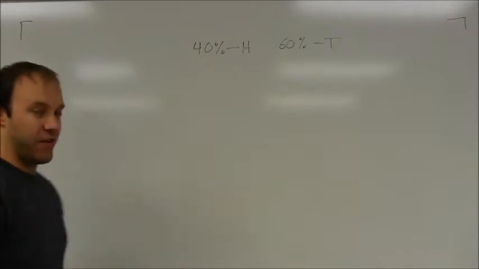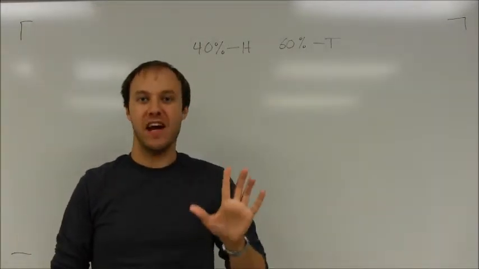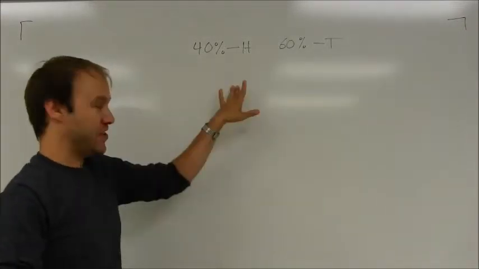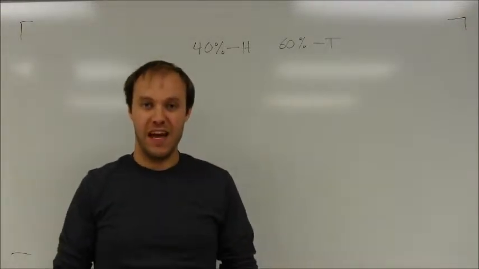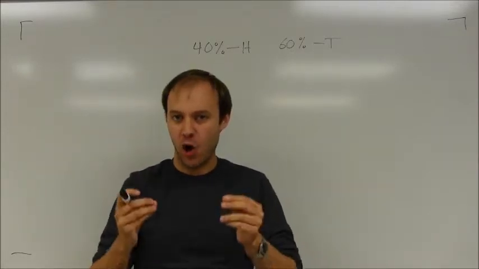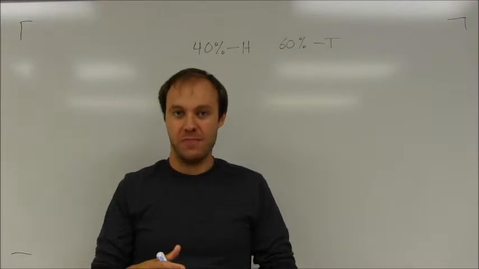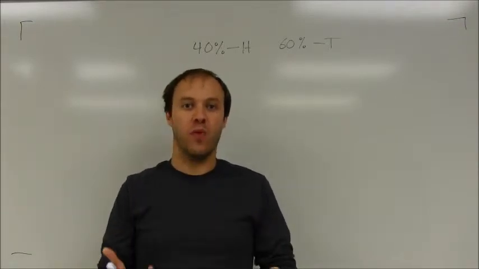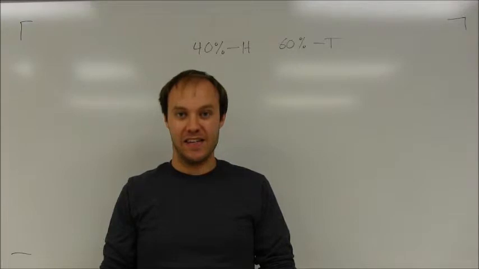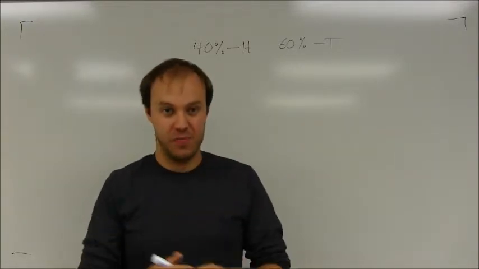And I'm going to calculate the probability that if I flip this coin 5 times, 2 of those flips will be heads. Now, that's something that I could calculate using other methods. For example, I could list out all the different ways that I could get exactly 2 heads, and I could find each of those probabilities.